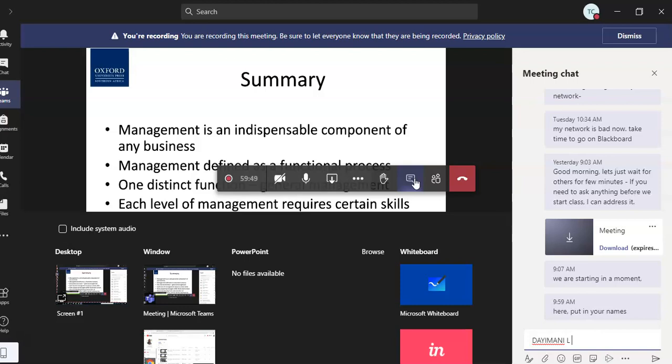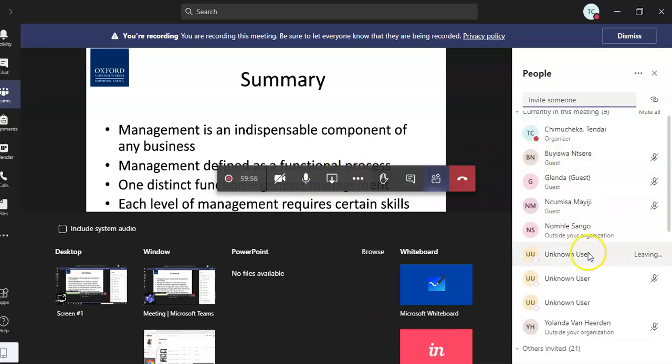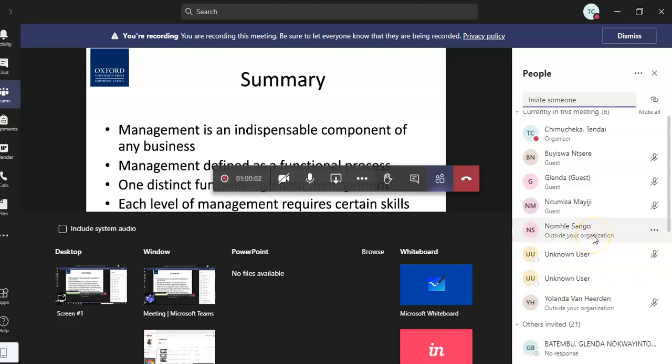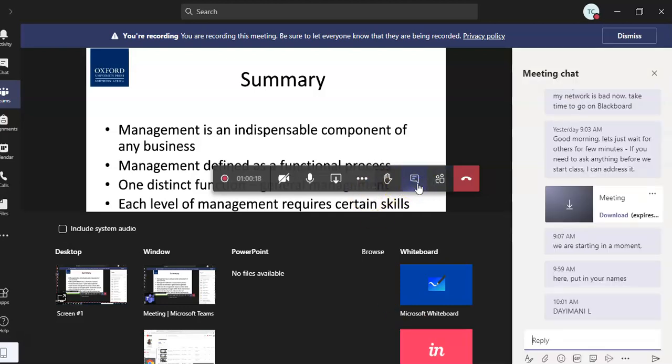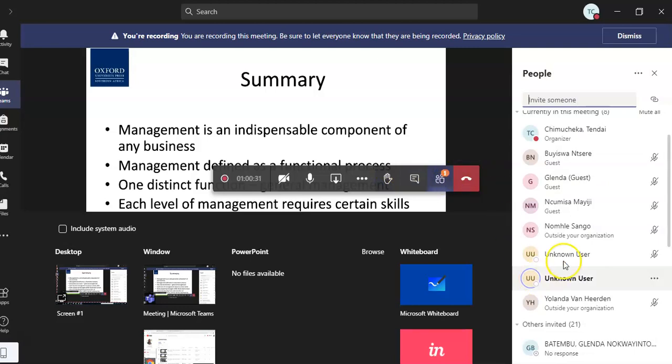Then there are other two. Are you seeing Nomhle, Doc? Let me quickly check. Can you see Mandisa Sikwatana? Yes, it's also unknown. So it's Sikwatana. Mandisa, okay. So there is one now with unknown also.